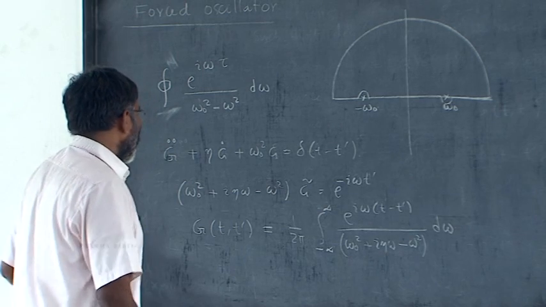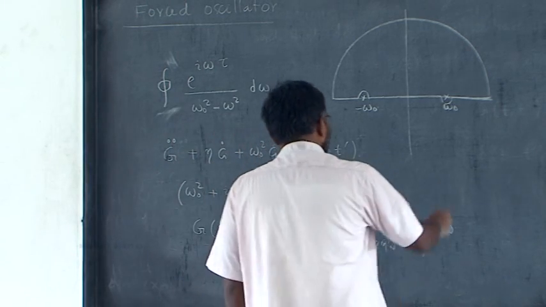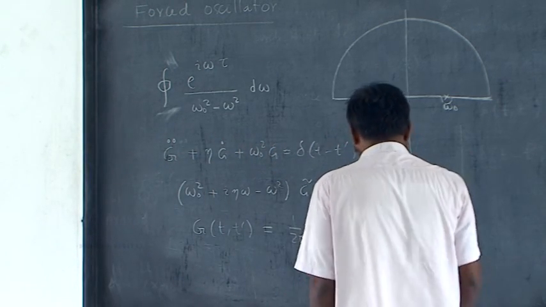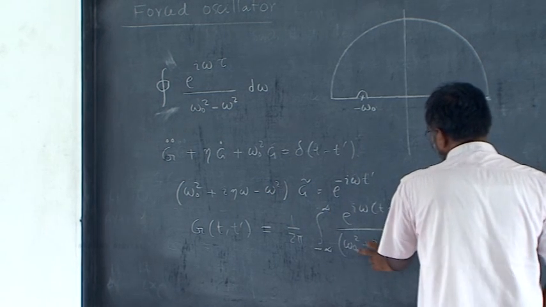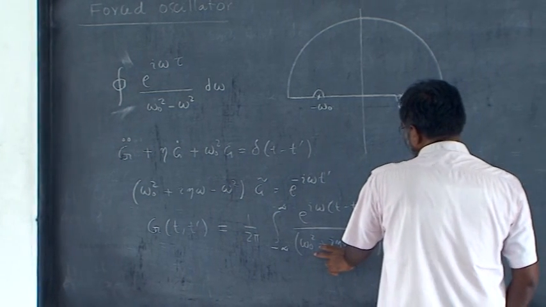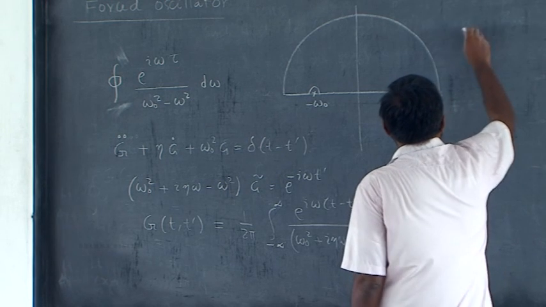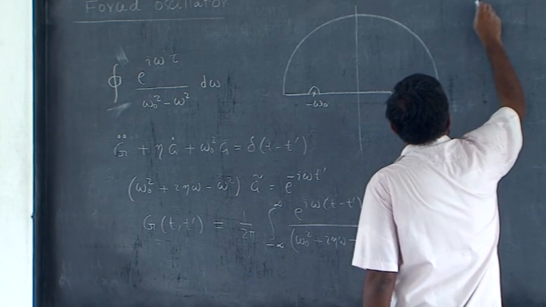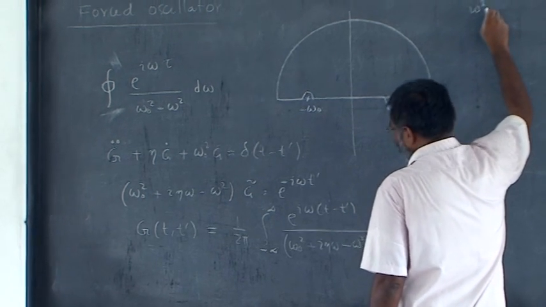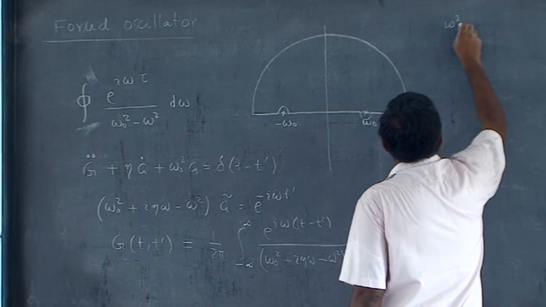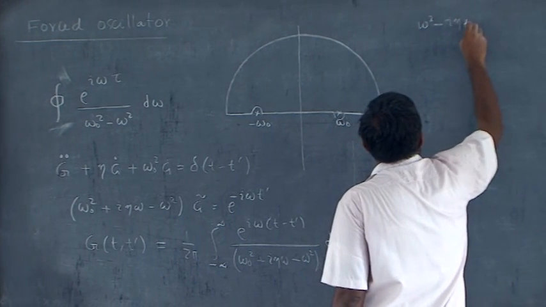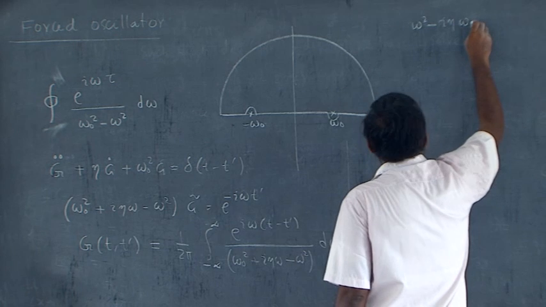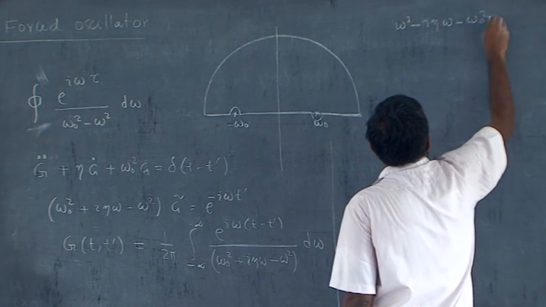So this is what will happen if you have a small damping, and you can write this denominator. What are the roots of this denominator? So you can write omega square minus I eta omega minus omega naught square is equal to 0.